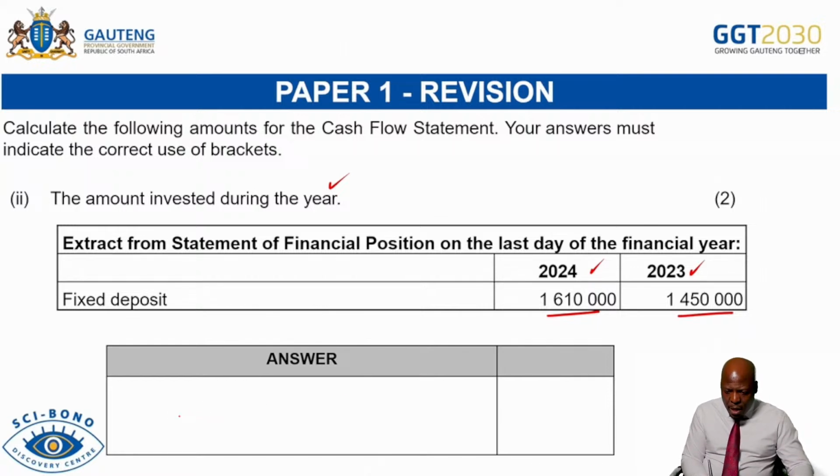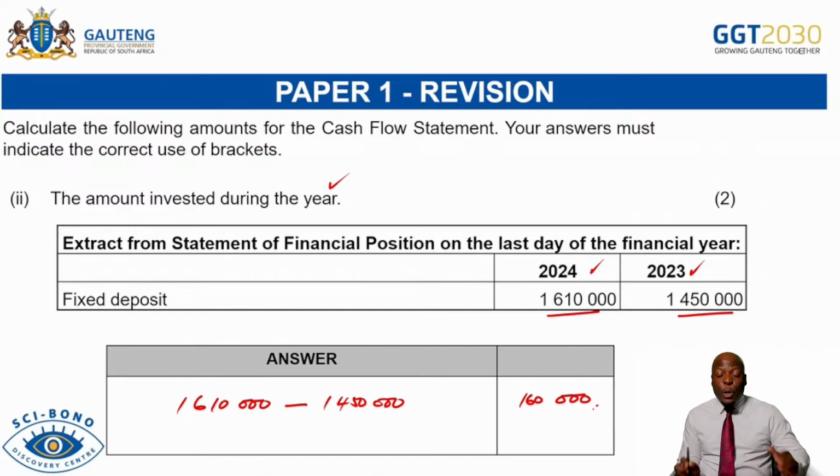I'll simply say 1,610,000, the amount in 2024, minus the 1,450,000, and then we see that we have invested 160,000. Remember, under your investing activities, this would be a cash outflow.